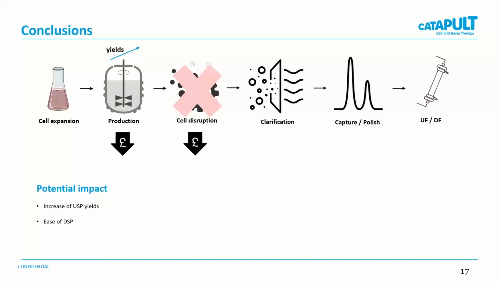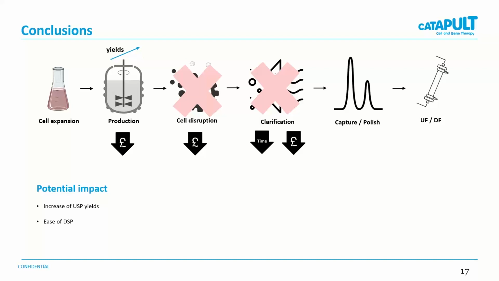Again, it's a decrease of the cost, but we could think even further and get rid of the clarification and do direct capture. In this case, we reduce the DSP time and we reduce the cost again. All of that is potential impact.